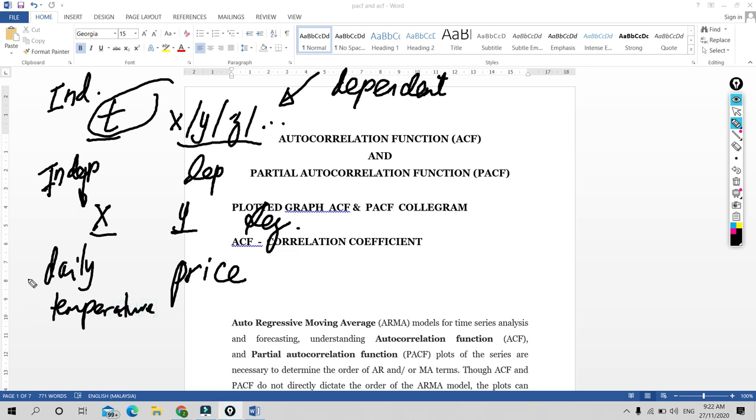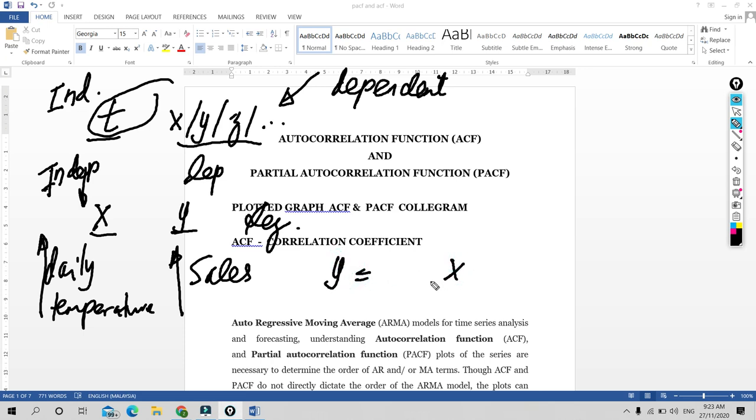Kalau suhu tinggi, hari panas, the sales, bukan demand, bukan the price, the sales akan meningkat. Itu logik dia. So this is a regression. So that's why we put y depend on x.